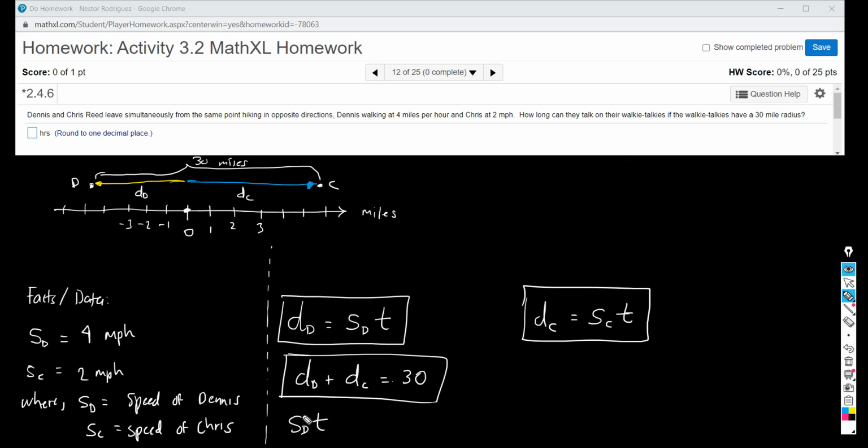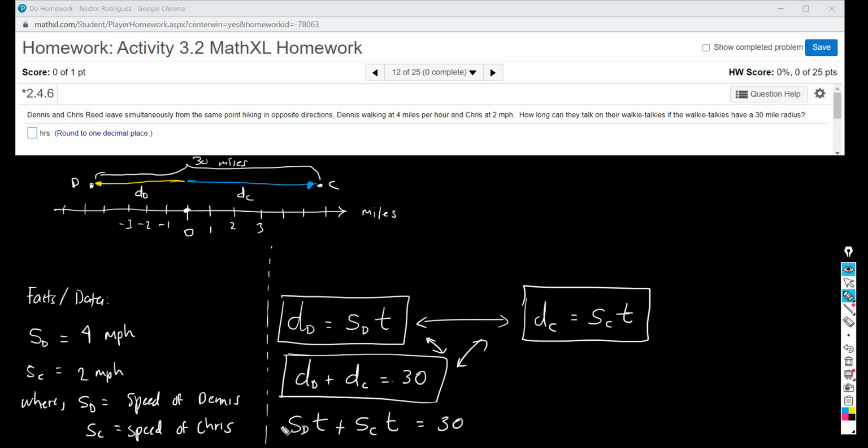This is equal to this, according to this, right? And then plus dc, which is this, equals 30. So by combining all of these equations, I can create this other new equation, so to speak.